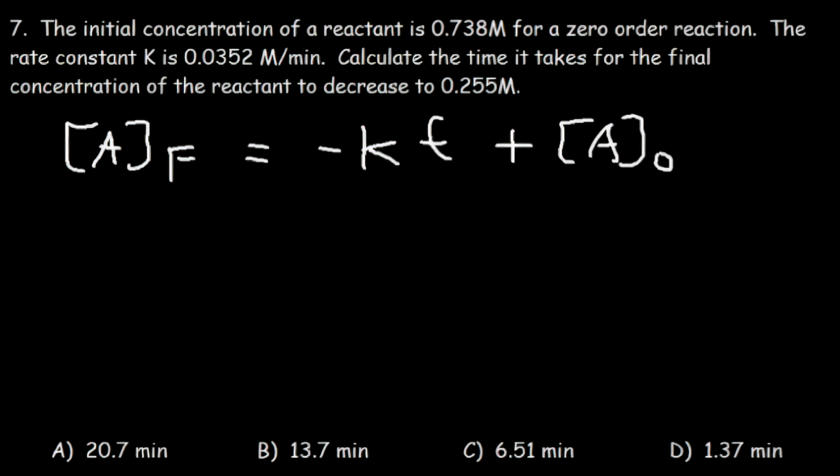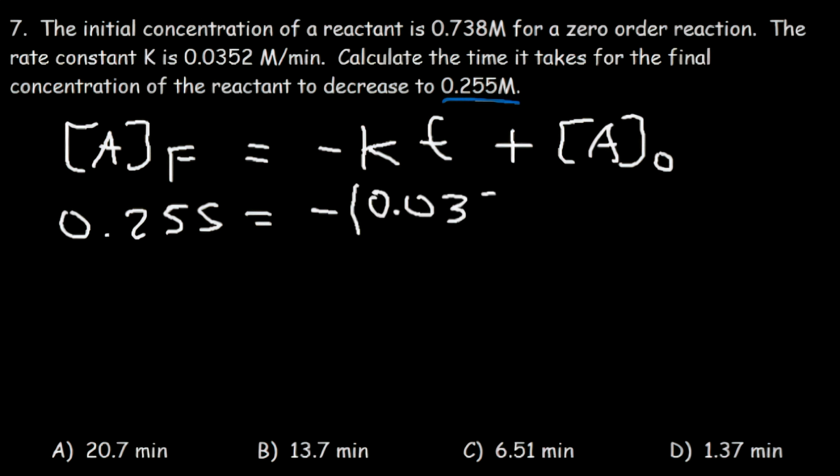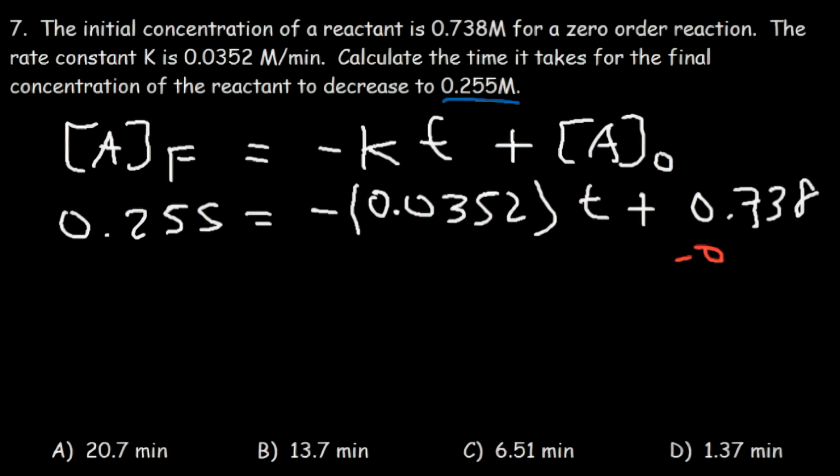This time we can see that the final concentration is 0.255. k is positive 0.0352. We're looking for t, and A initial is 0.738. So first, let's subtract both sides by 0.738.